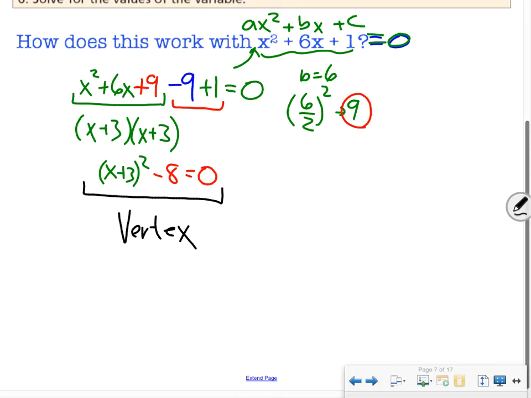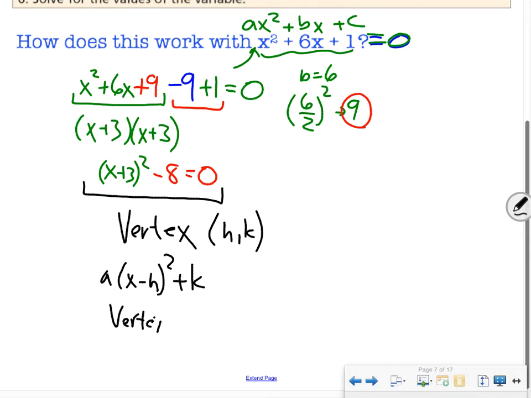The general formula would be a times x minus h squared plus k, where the vertex is (h, k), which means the vertex in the example above is going to be (-3, -8). And no, that is not a typo. The x value of the vertex is minus 3 because the general form is x minus h. So we have the opposite of that here with the plus 3.